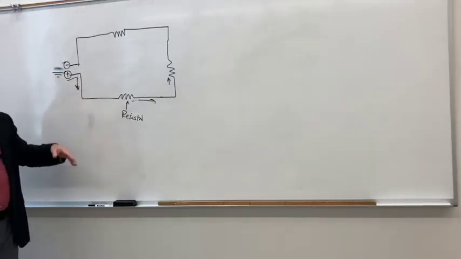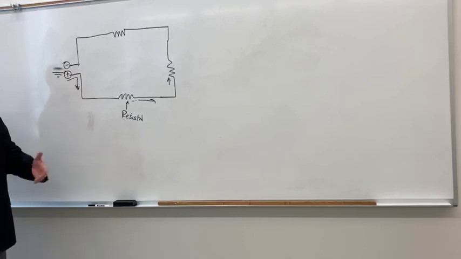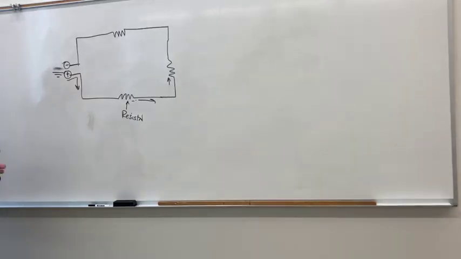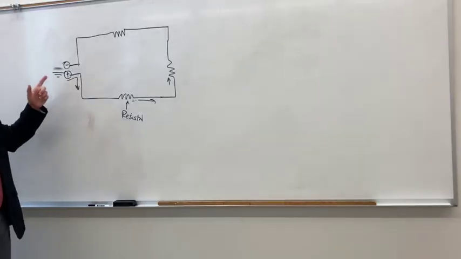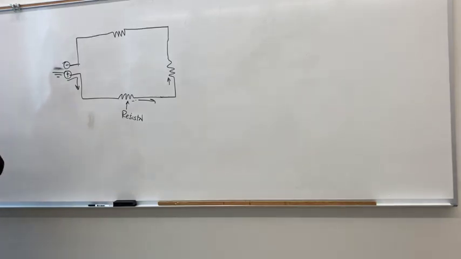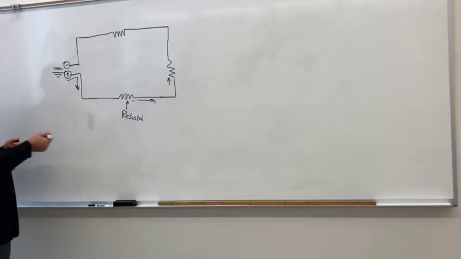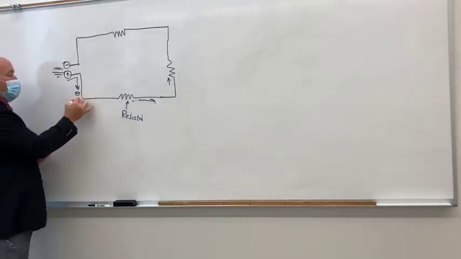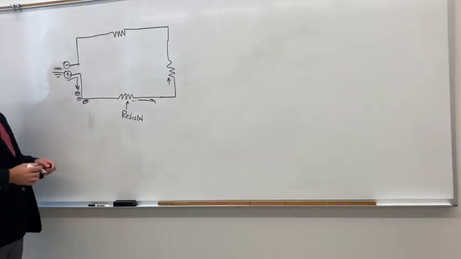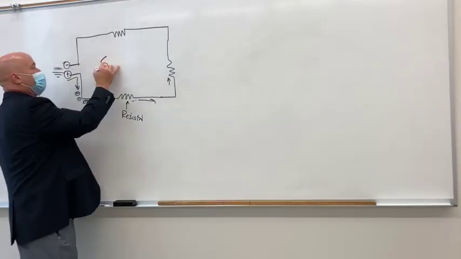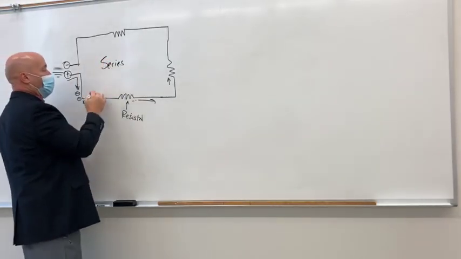The reason was that when they were first learning about electricity, they didn't really know what electricity was and they thought it was positive charges. We've since learned that they're actually negative charges, but the labeling just never made that change. Okay, so we're going to think of it as the positive flow of negative charges. So we've got flow of electrons, and in a series circuit, it's got to go through one to get to the next.